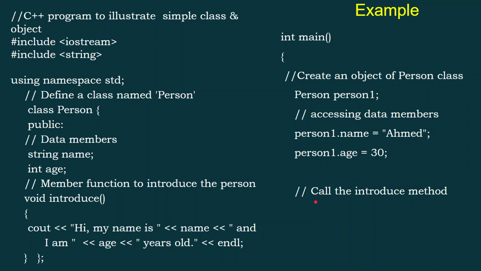And now call the function, call the introduce method. Here person1.introduce. So just as we have done for the variable, likewise you have to use the object name dot the method name.